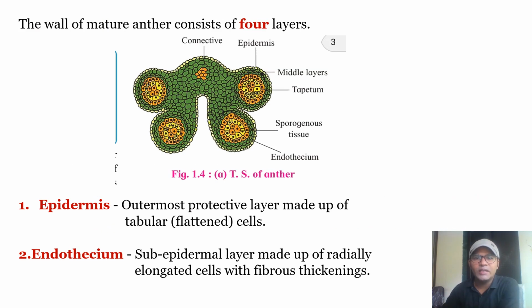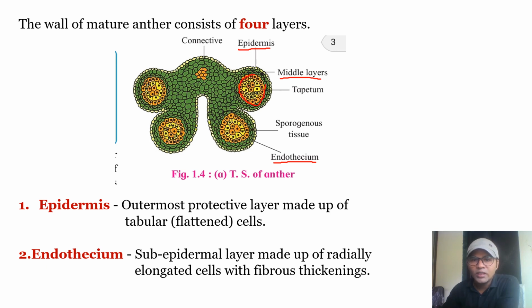Now let us see in detail about anther. Anther shows the outermost covering called epidermis, followed by endothecium, and endothecium is again followed by middle layers. All these three cover each pollen sac, which includes the tapetum. So actually the anther consists of wall layers and pollen sacs.